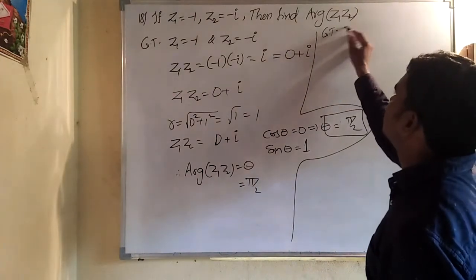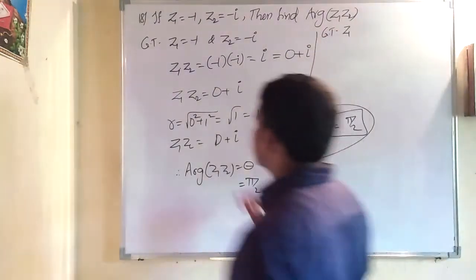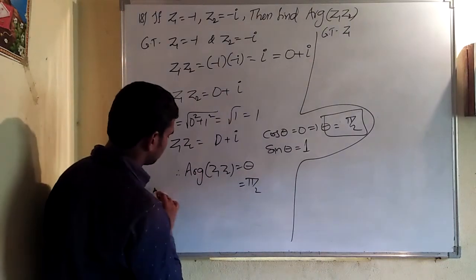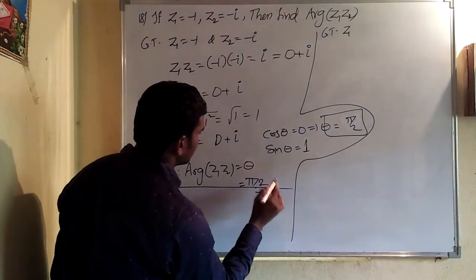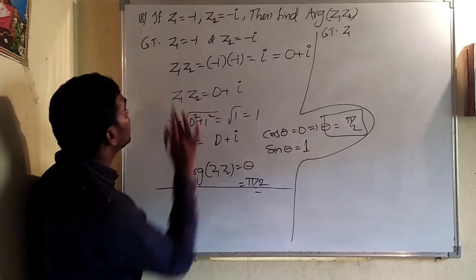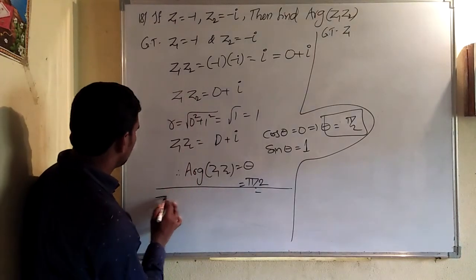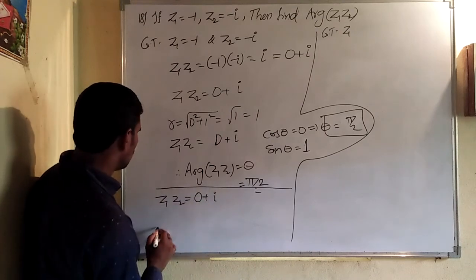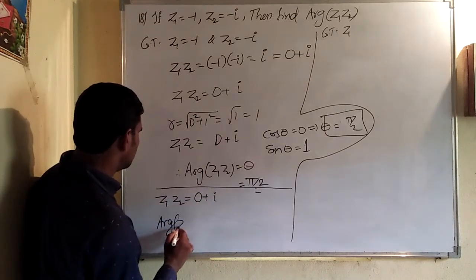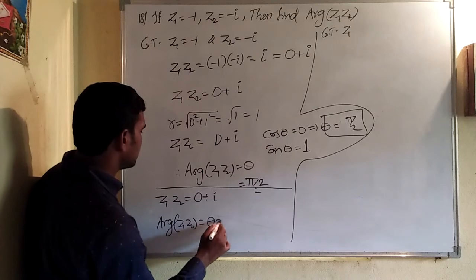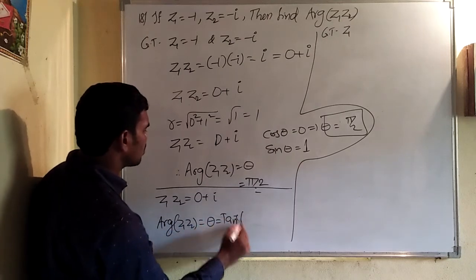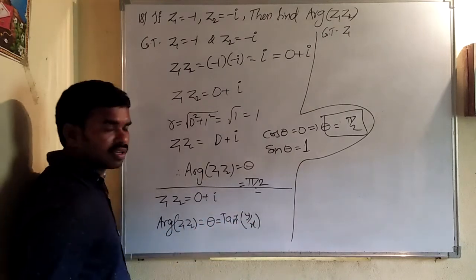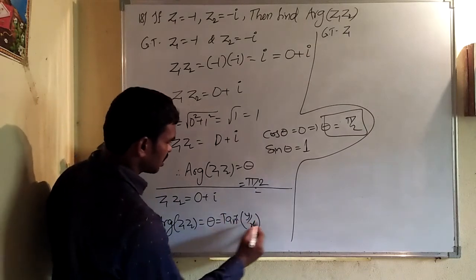And the second method is, given that Z1 into Z2 equals 0 plus I, argument Z1 into Z2 equals theta equals tan inverse y by x. This is the very short form.